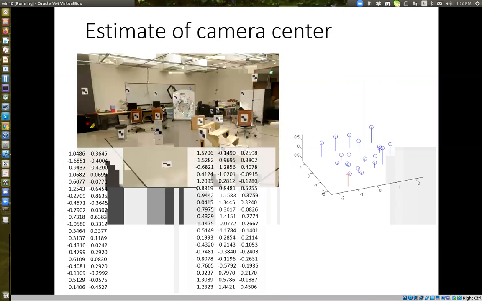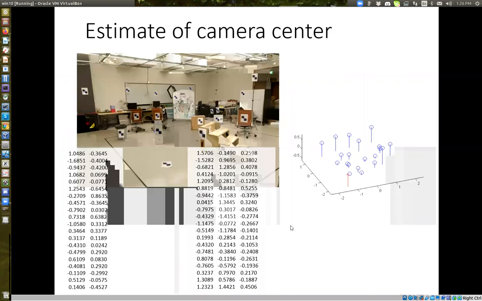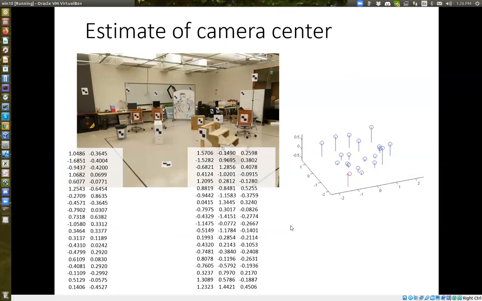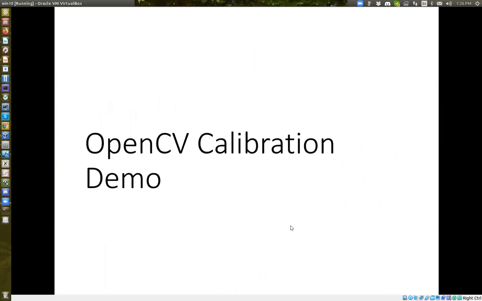So this is just illustrating. Then we can find the camera center in the world coordinate there. So basically, you have the calibration. You know where your camera is in the world coordinate after the calibration. So this I will skip.